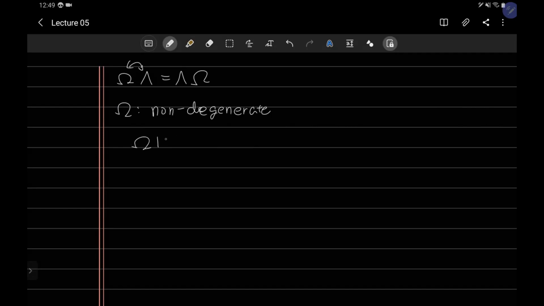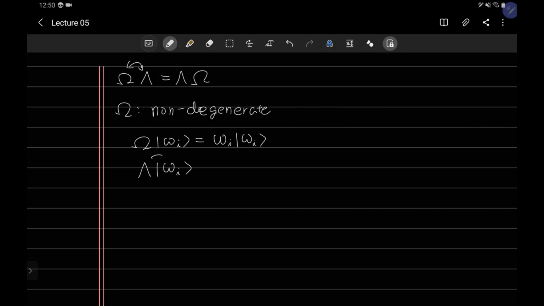In this case, that eigenvector, omega sub I, will have the eigenvalue omega sub I with this kind of relation. And then let's apply the commuting operator lambda on omega sub I.